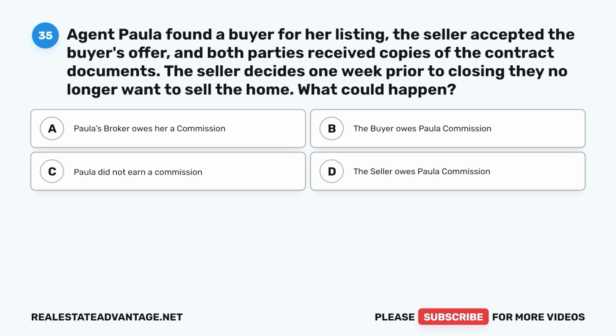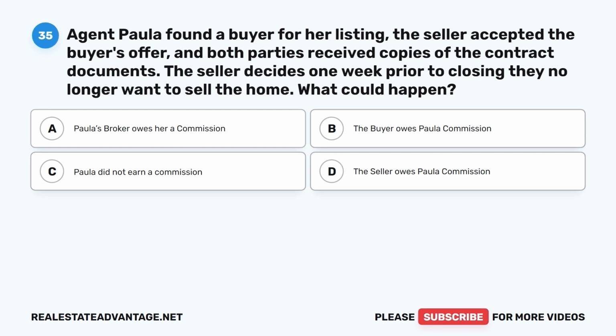Question 35. Agent Paula found a buyer for her listing. The seller accepted the buyer's offer and both parties received copies of the contract documents. The seller decides 1 week prior to closing they no longer want to sell the home. What could happen? A. Paula's broker owes her a commission. B. The buyer owes Paula commission.